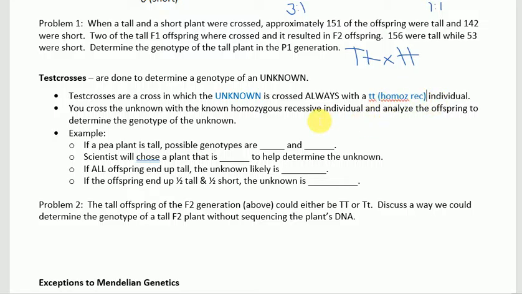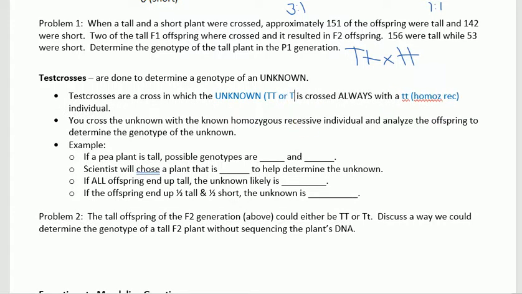You're going to cross the unknown with the known homozygous recessive individual and then analyze that offspring to determine the genotype of the unknown. So that tells us that the unknown is either going to be a big T or a big T, little t.